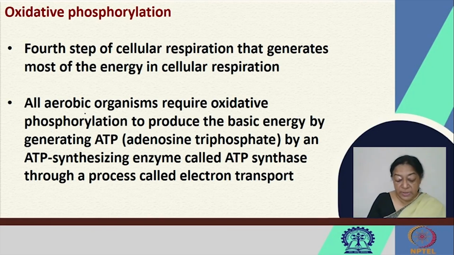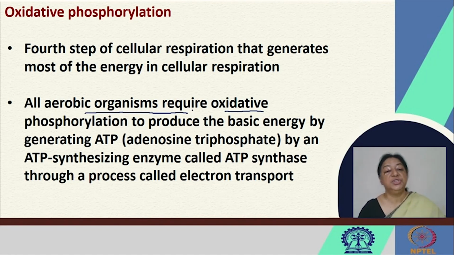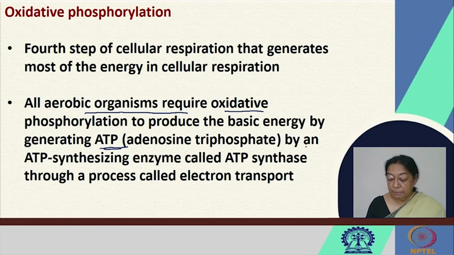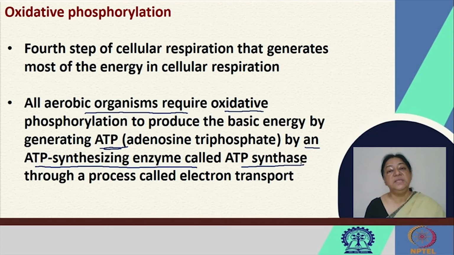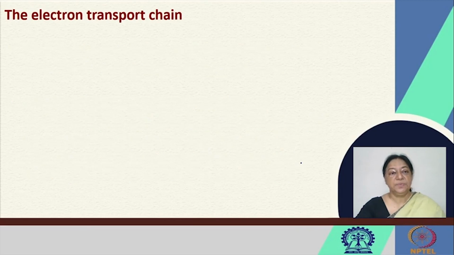All aerobic organisms require oxidative phosphorylation to produce the basic energy by generating ATP with an ATP synthesizing enzyme, which we called ATP synthase. We have seen the mechanism of action of ATP synthase in a previous lecture, and this occurs through a process called electron transport in a series of complexes.